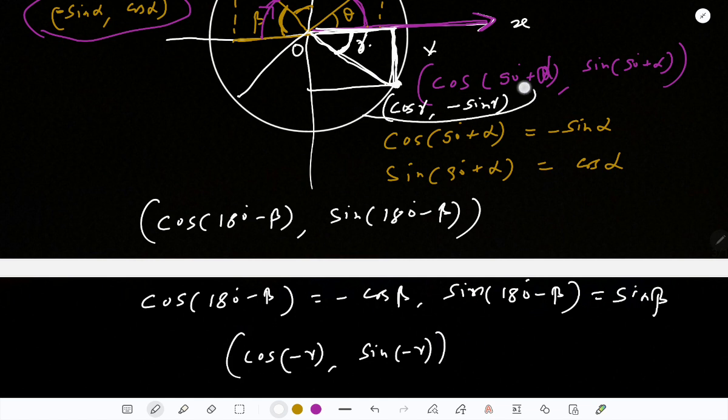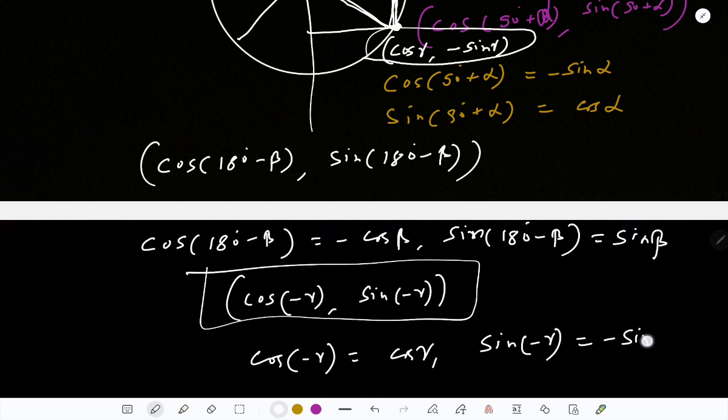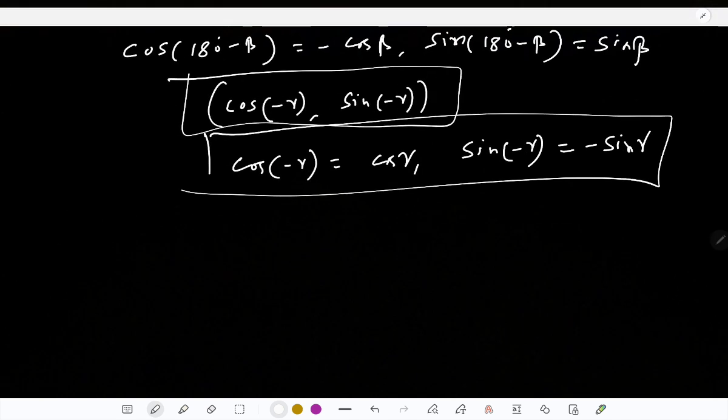Then comparing these two results, you can call that cos minus gamma is basically cos gamma and sine minus gamma is minus sine gamma. And these two results are important because you can easily find the others.